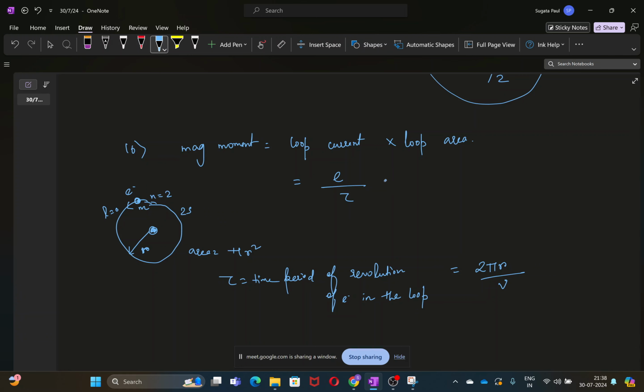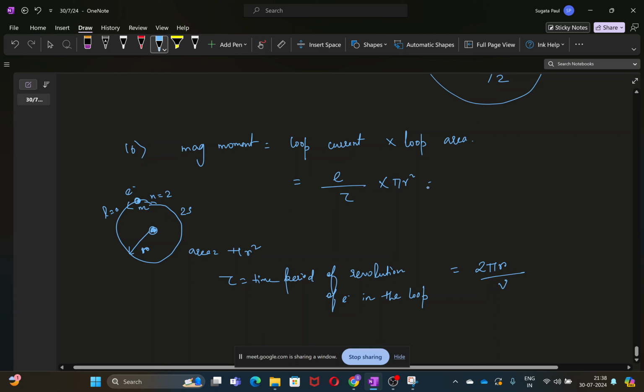Now we can put in this value here. The loop area is pi r square. Again put in the tau value, tau equal to 2 pi r by v. So this is basically e v by 2 pi r into pi r square. So pi and pi cancel out. This is basically e v r by 2. Okay.